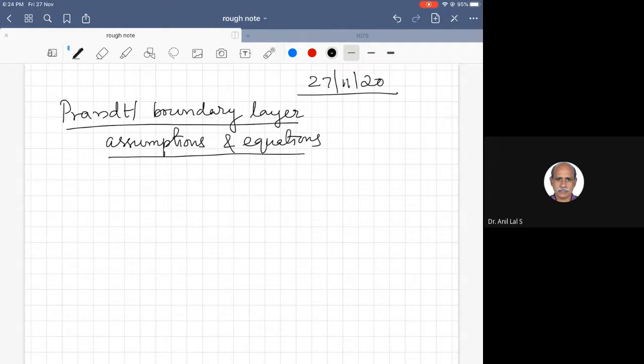So, this is basically for 2D boundary layers, two-dimensional boundary layers.